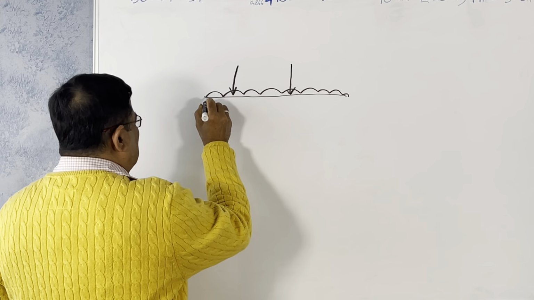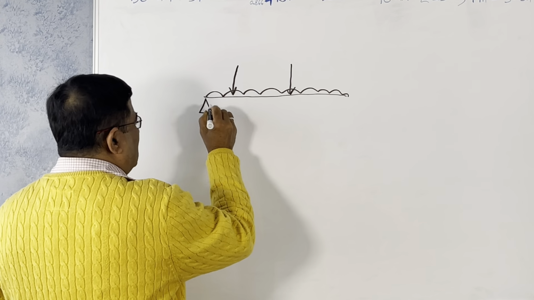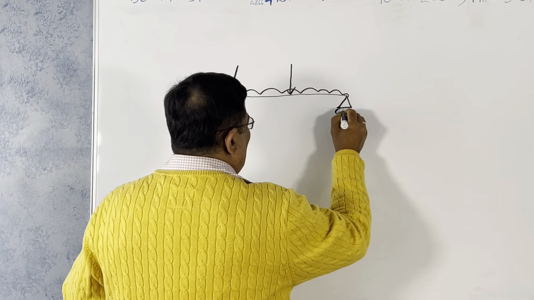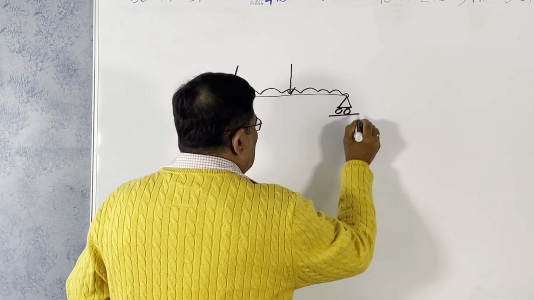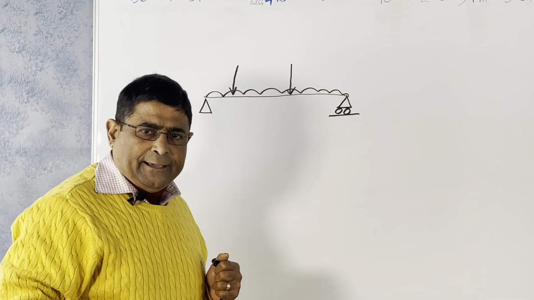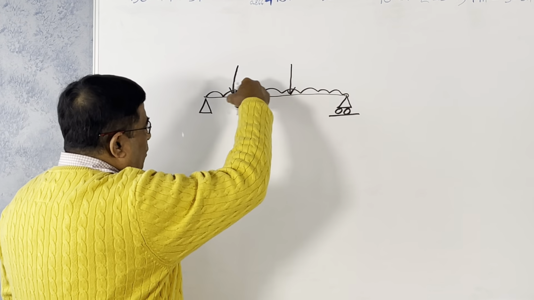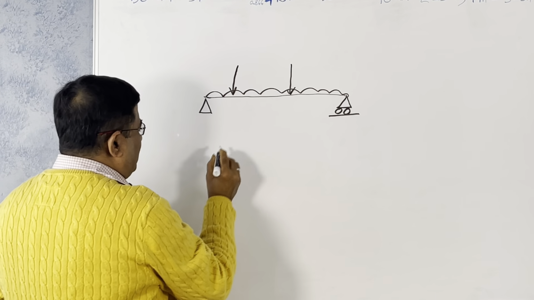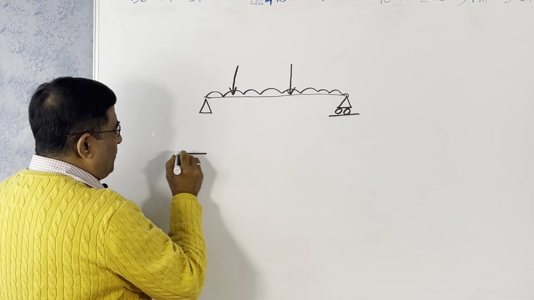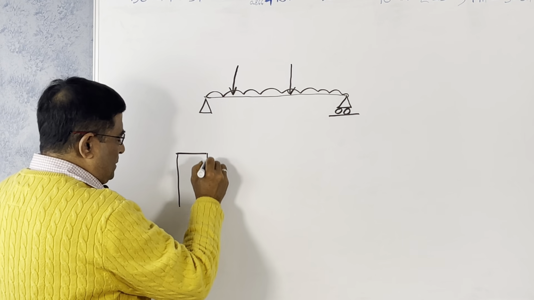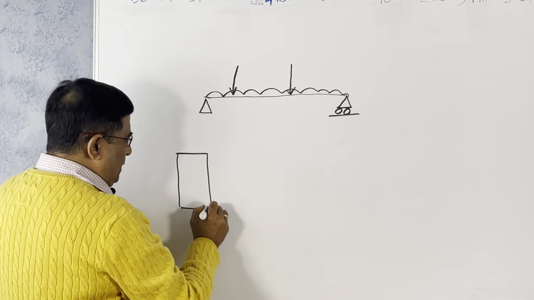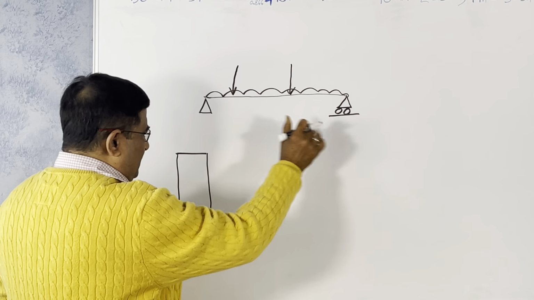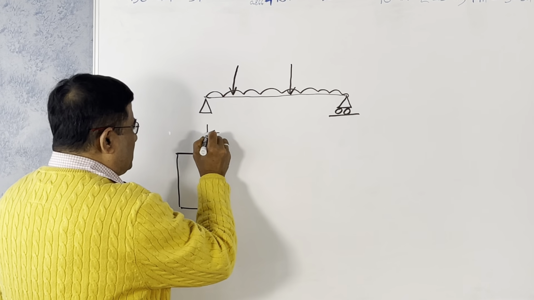This means it is supported like that, pin jointed, because we will be considering only the simple beam. The loads are applied laterally. This is the beam. If it has a cross section, the lateral dimensions are always much less than the length.